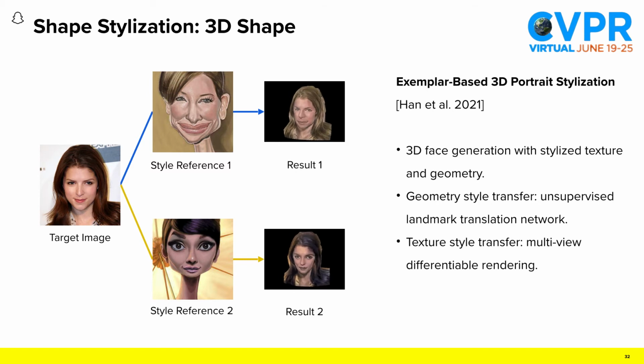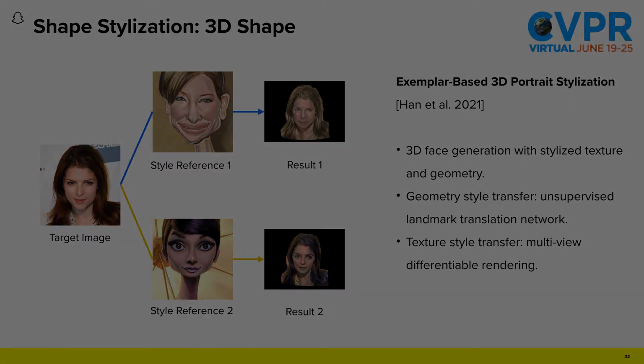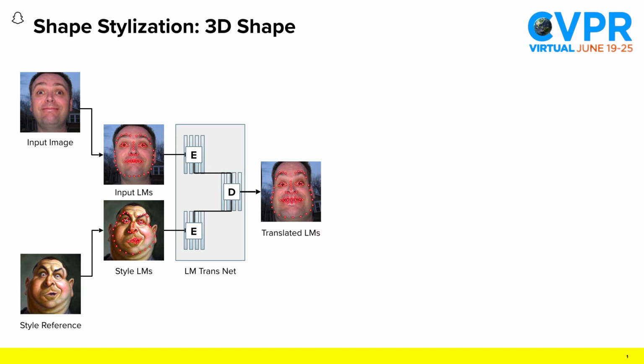In this work, we tried to combine 3D shape and appearance stylization into a single framework, with the shape represented by a parametric morphable model, and appearance unfolded in the canonical UV space. In our pipeline, we first train a key point translation network, which uses a set of 2D facial key points to perform coarse-level geometric deformation to capture the geometric style in the reference.